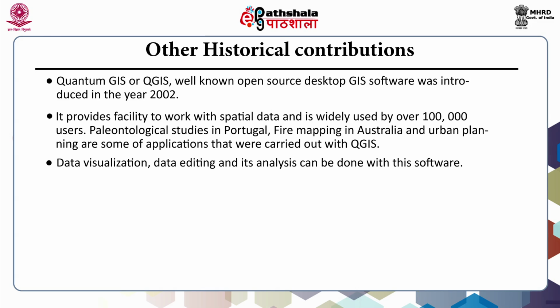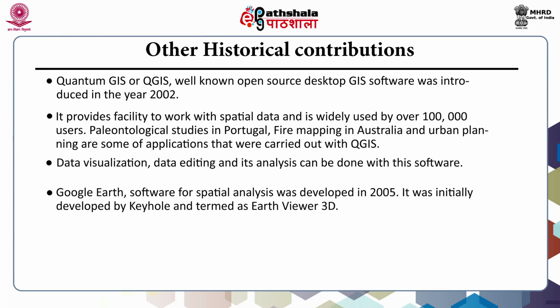Data visualization, data editing and its analysis can be done with this software. Further, Google Earth, that is a software for spatial analysis, was developed in 2005. It was initially developed by Keyhole and termed as Earth Viewer 3D. Later, when it was taken over by Google, it came to be known as Google Earth.